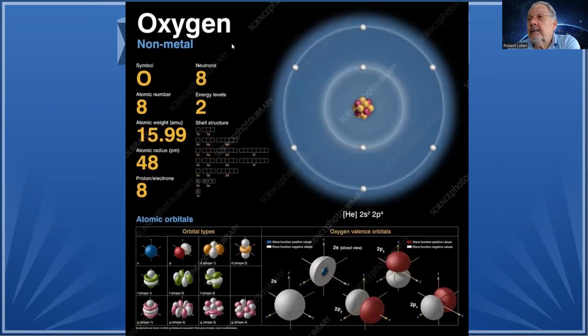Oxygen turns out to be a pretty good insulator. It's all around us. Nitrogen is also, so the combination of the two doesn't conduct electricity very well.